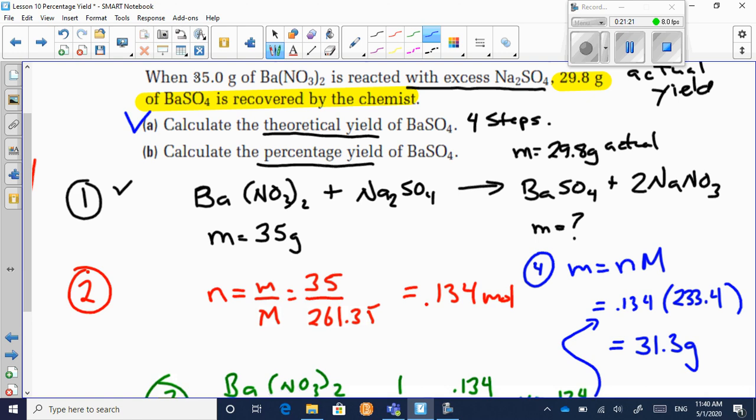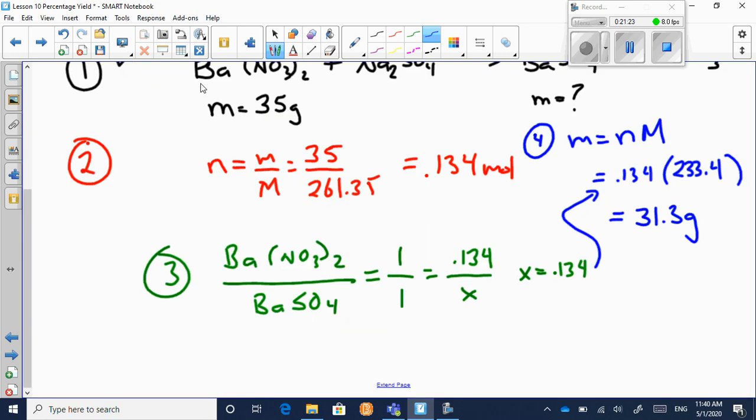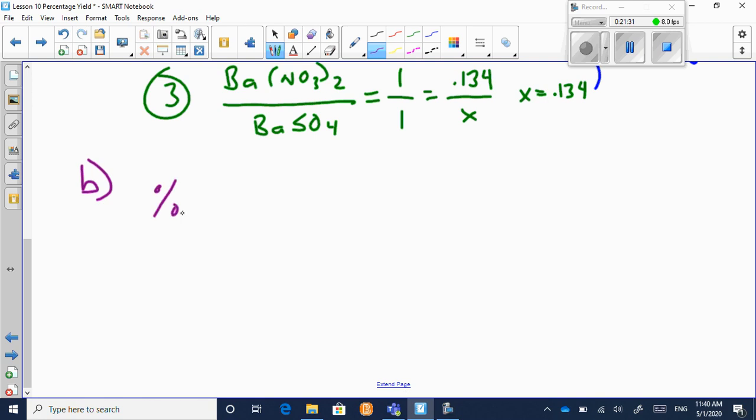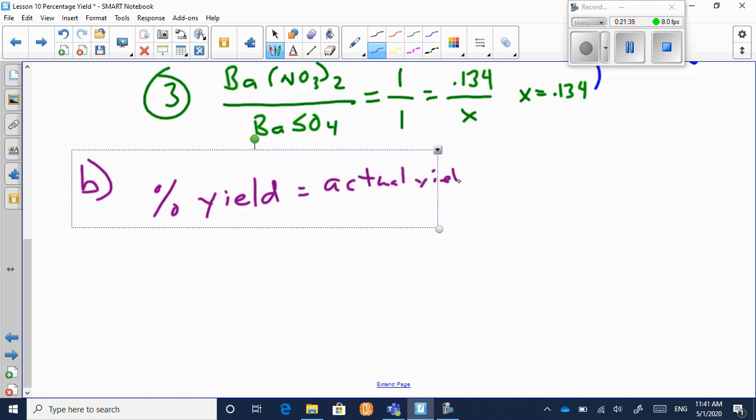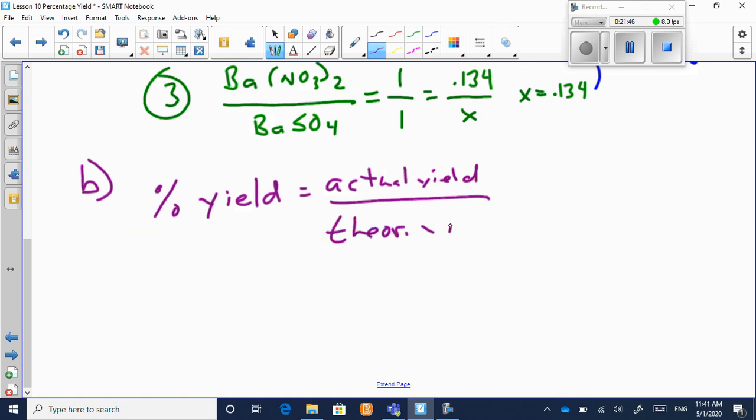So part B says to calculate the percentage yield. So here we go, part B. Well, the formula for percentage yield is the actual yield divided by the theoretical yield, times 100. So here we go.